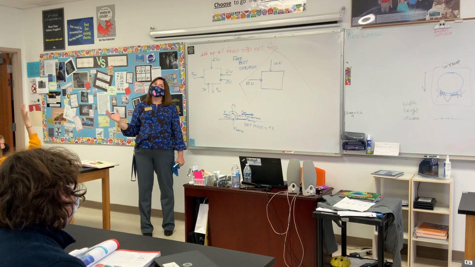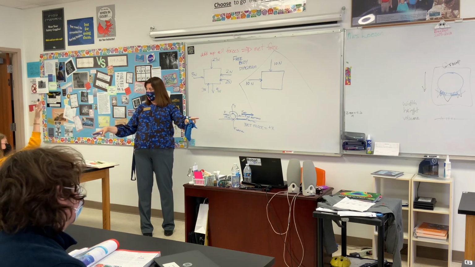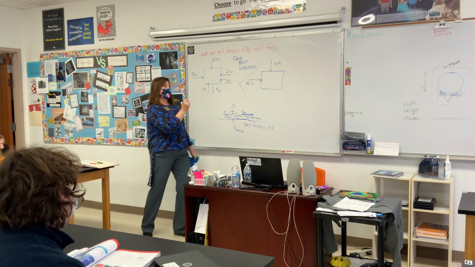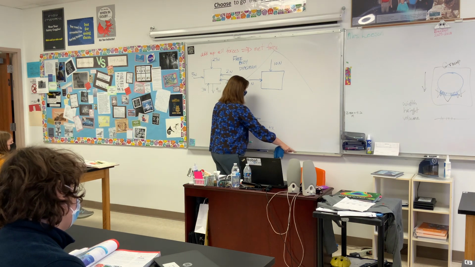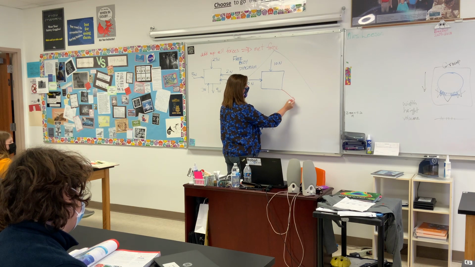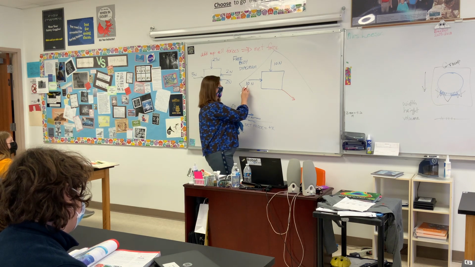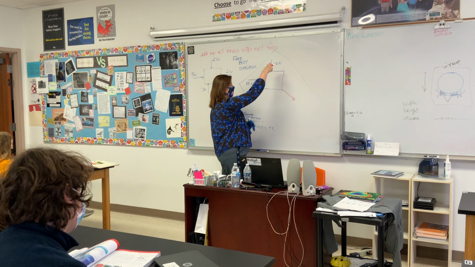Bella's itching. I think I'll give her a chance for a change, and I know Christian's right behind her. It's to the right and down. So what Bella says, and Christian was ready to say it too, is that the net force is this, because I have this moving 10 to the right and 10 down.